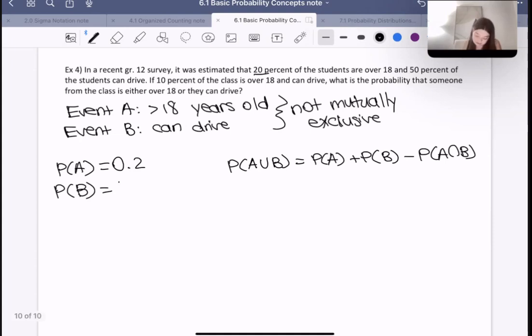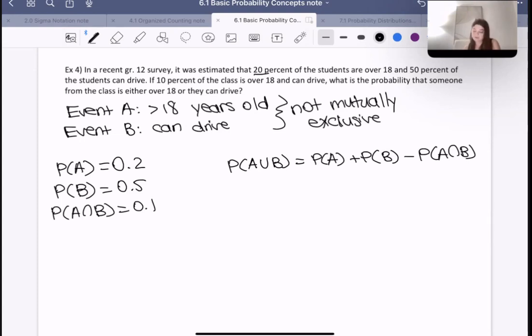Well, 50%, 0.5 would be our probability that somebody can drive. Then it says if 10% of the class is over 18 and can drive, so basically 10% of the people are people in both categories who are being double counted if we just add them and do nothing else, then what is the probability that someone from the class is either 18 or they can drive?